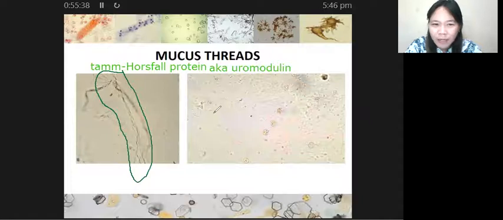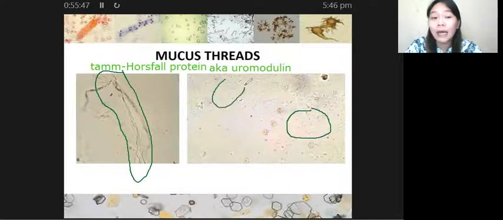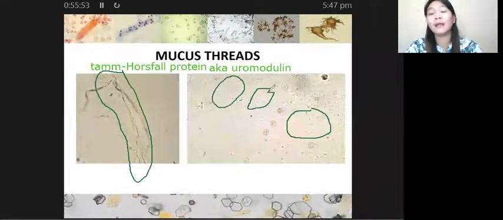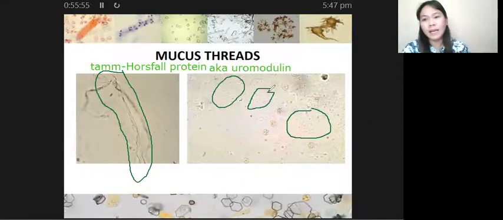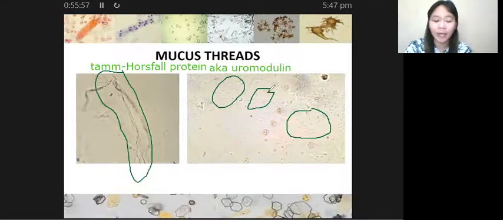So that's why medyo mahirap siyang hanapin or makita under the microscope. In this image, nagkataon lang na maraming mucus threads yung pasyente, kaya medyo madali siyang ma-identify. But yes, isa siya sa mga pinakamahirap na i-identify na sediment under your microscope.